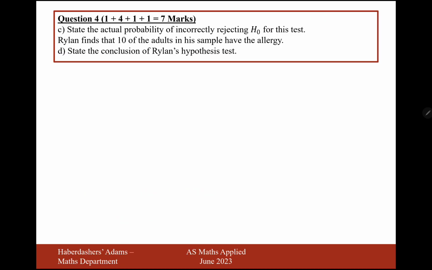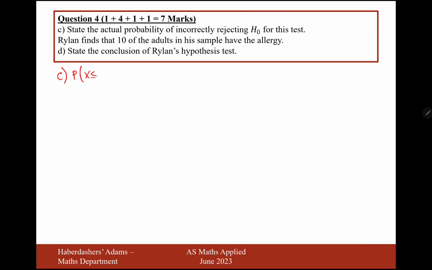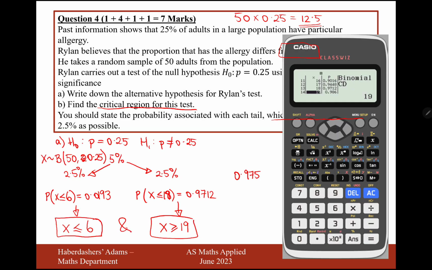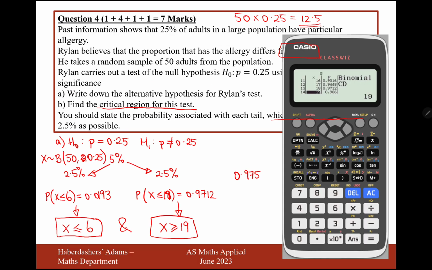Let's now move on to part C. State the actual probability of incorrectly rejecting H0 for this test. Okay, so incorrectly rejecting, let's just remind ourselves of the probabilities we had before. The probability of X is less than or equal to 6 is 0.0193, and the probability of X is less than or equal to 18 is 0.9712.